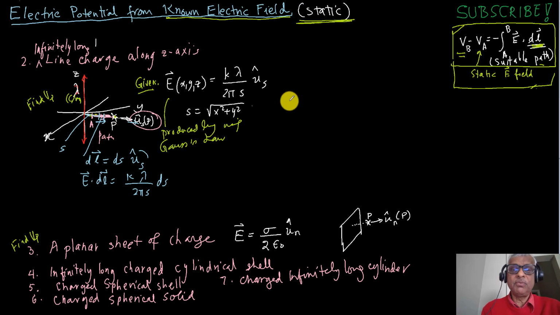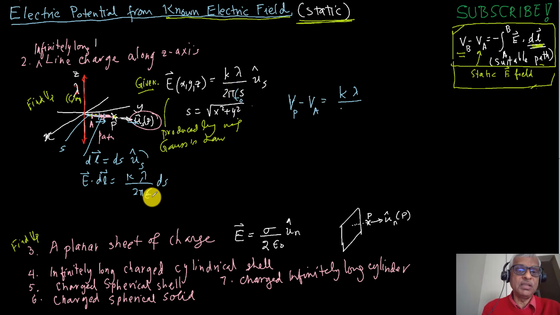Now if I have Vp minus Va, A is going to become a reference for us, is equal to, and that will tell us where to place the reference. You will see I won't be able to place the reference at infinity in this case. In the point charge case, the reference was at infinity, but here it won't be. But let's work this out. Lambda over 2 pi epsilon naught.